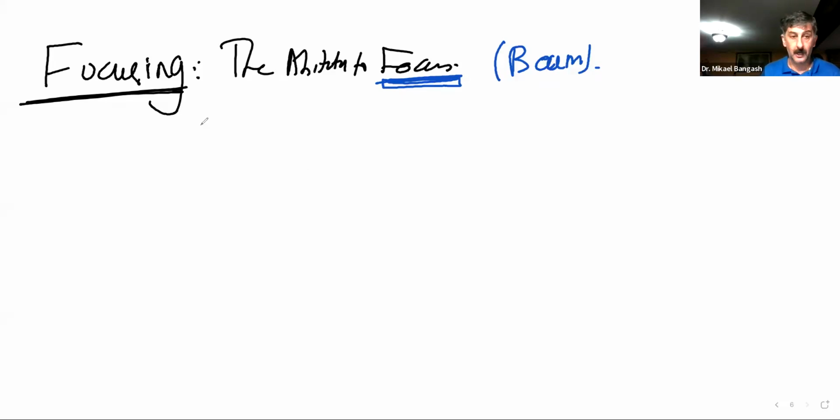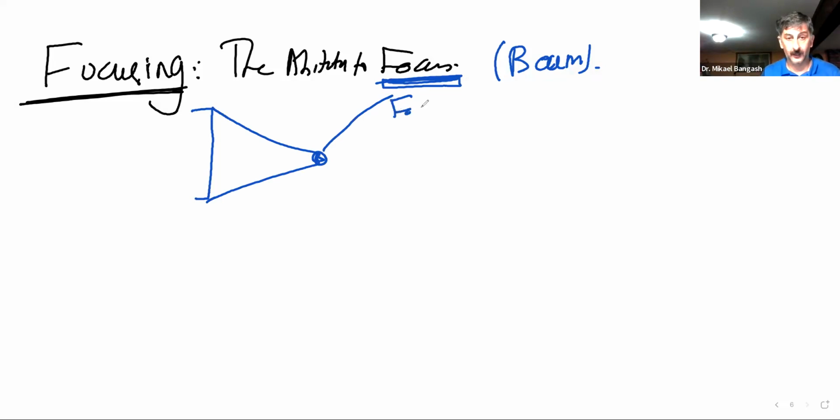When we were talking about a beam, we said this is where the beam focuses. We will recall that as the focal point, or we call that the focus.